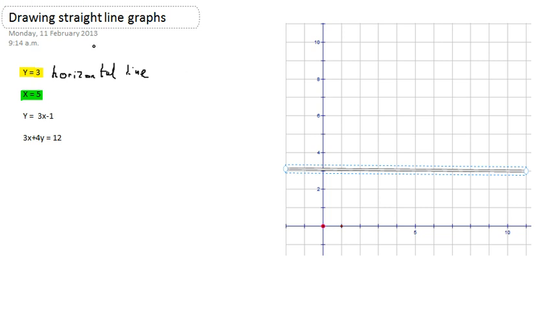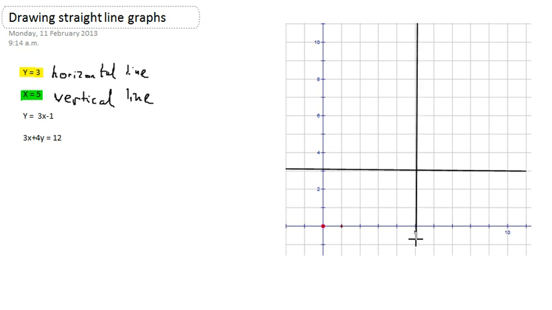And I've got x equals 5, where if y equals is a horizontal line, then x equals must be a vertical line. So that's just a line that goes through 5. So I'm going to draw my vertical line.